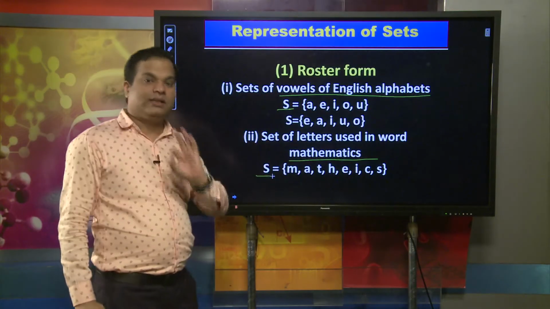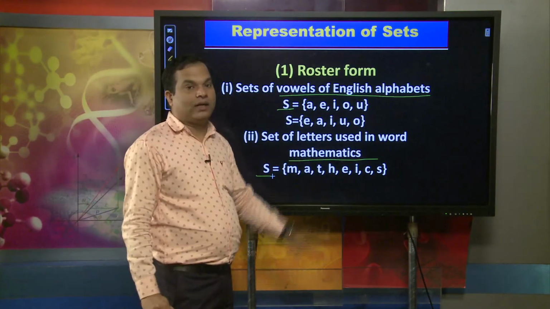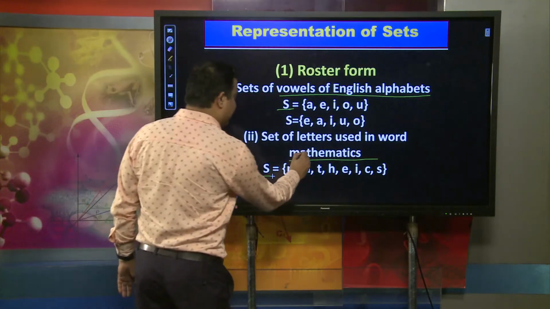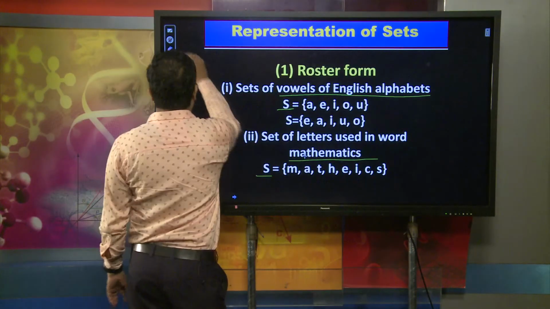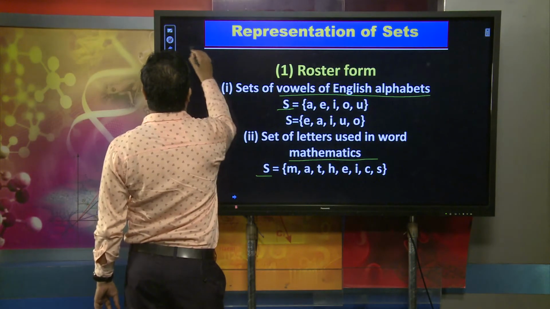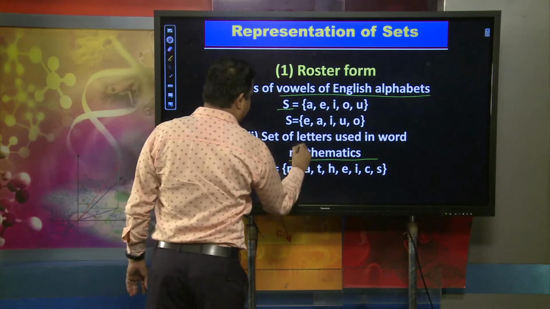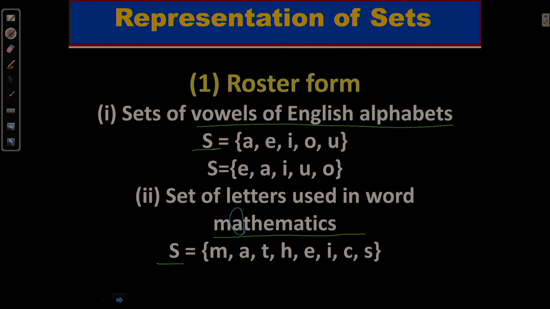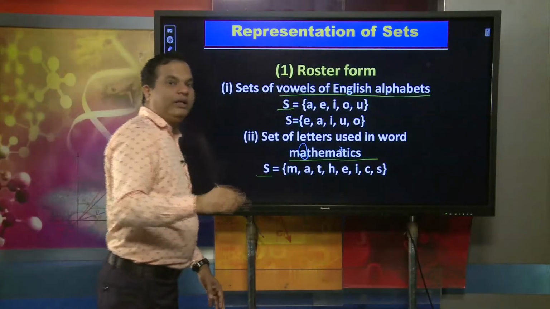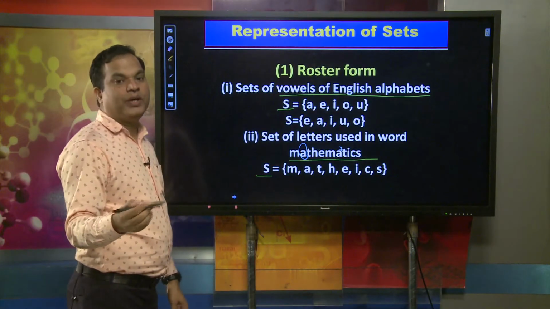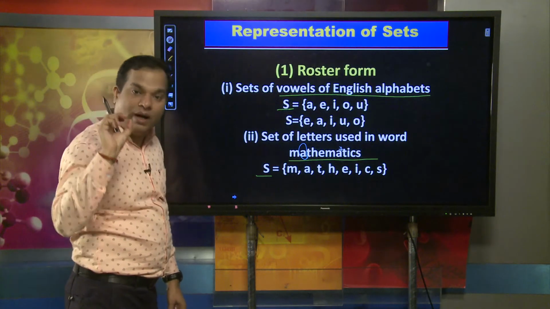One more thing is the repetition of the word. In mathematics, very simply, I can say the word A. You can see the word A, and it has repeated. When repetition is there, we take it only one time.